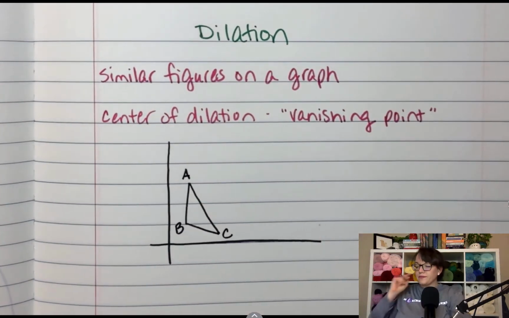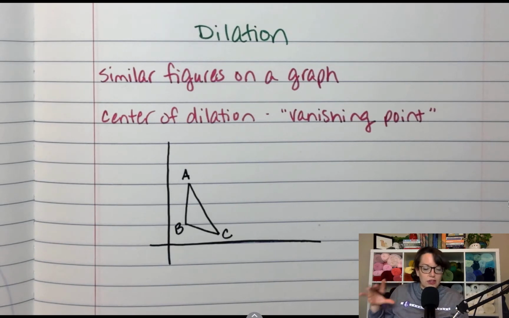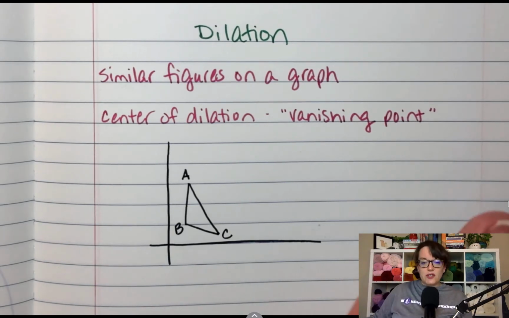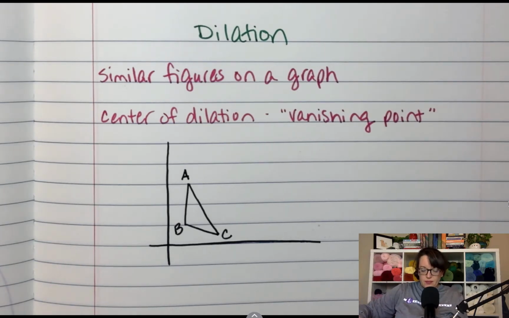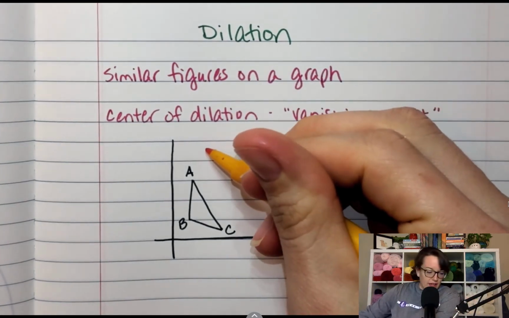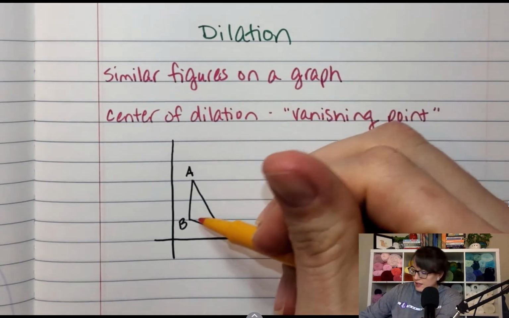We're going to put this on a graph. It's got lines, it's got dots. There's another triangle that got bigger. It was enlarged in size. It's further out on the graph.